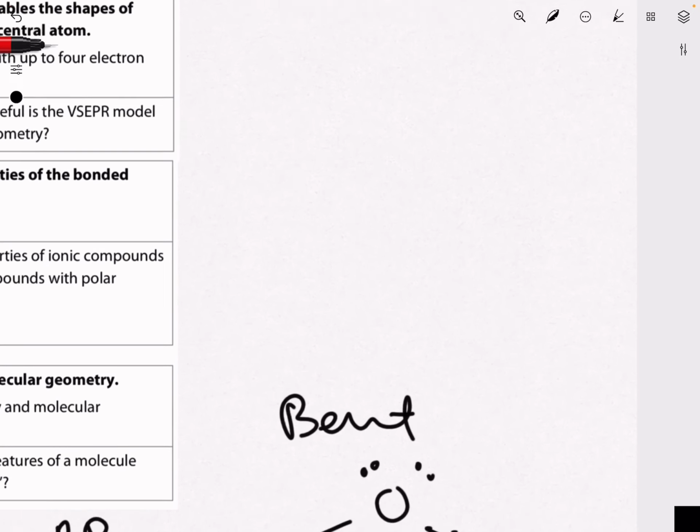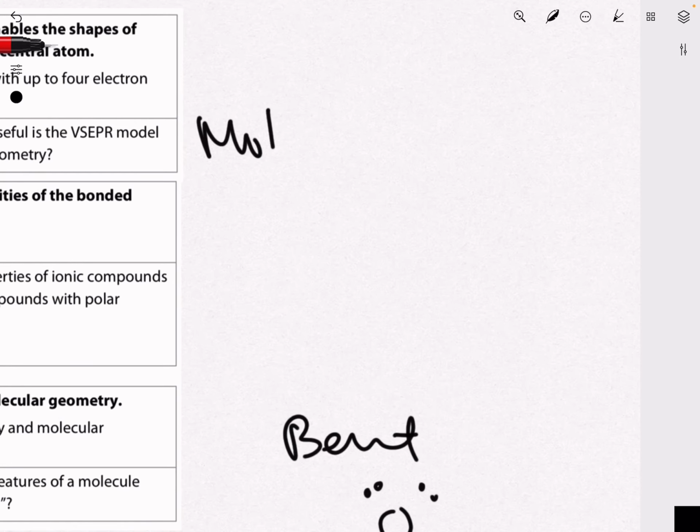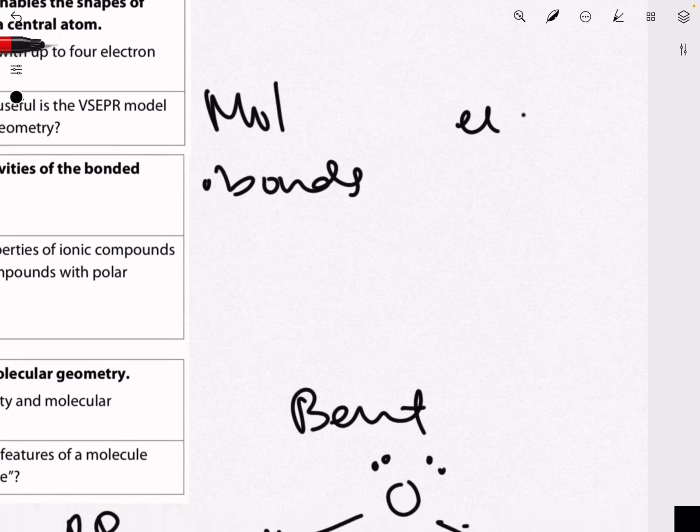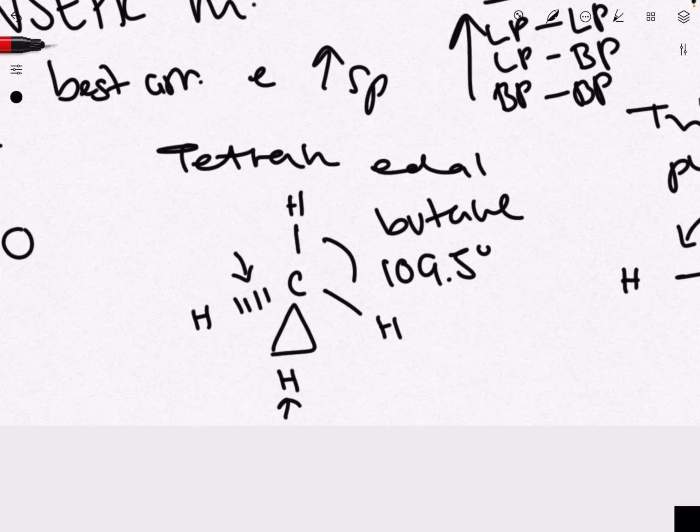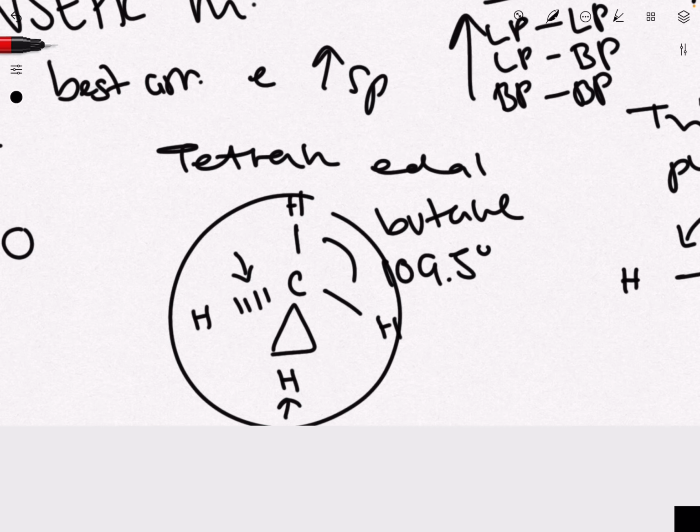The main difference between molecular geometries and electron geometries is that the molecular geometry only takes into account the bonds between elements. So, for example, this right here, in this example, would be a molecular geometry because we have bonds all over.